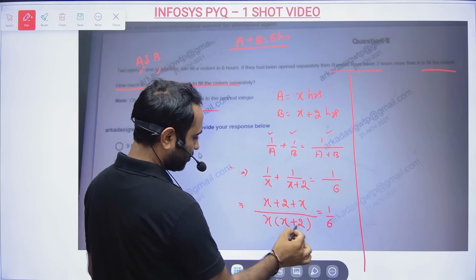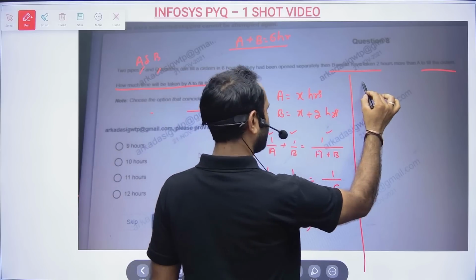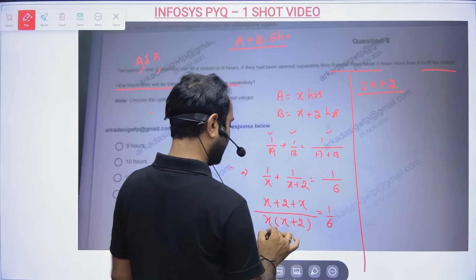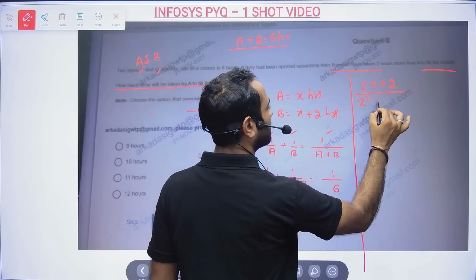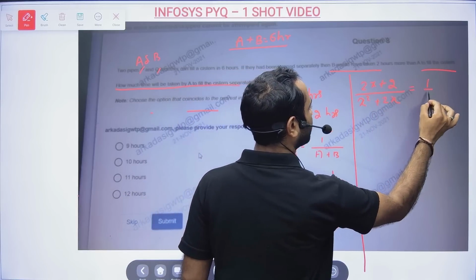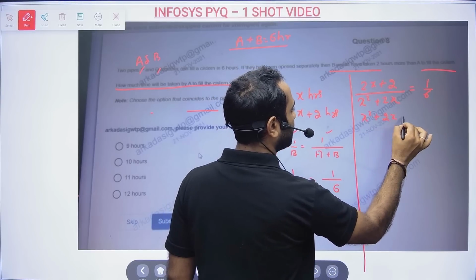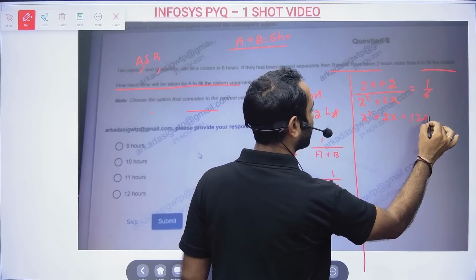Now, let us add this. So 2x plus 2 divided by x square plus 2x is equal to 1 by 6. So x square plus 2x equals 12x plus 12.